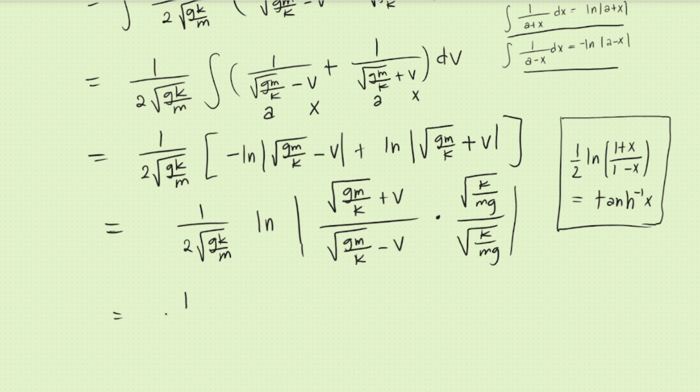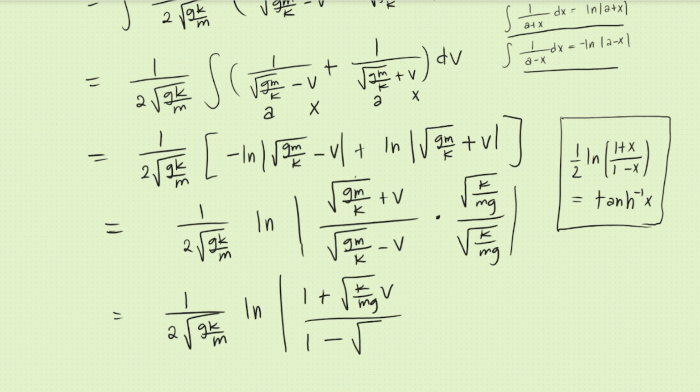Okay, so that's 1 over 2 square root of jk over m times ln. So what happens now? This multiplied here is just 1 plus square root of k over mg times v over 1 minus square root of k over mg times v.